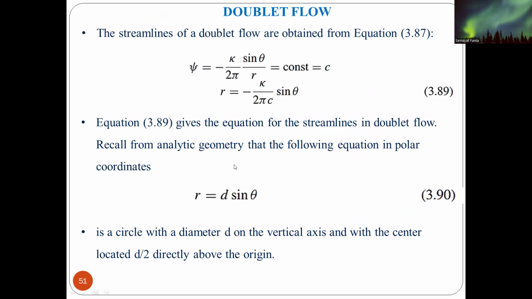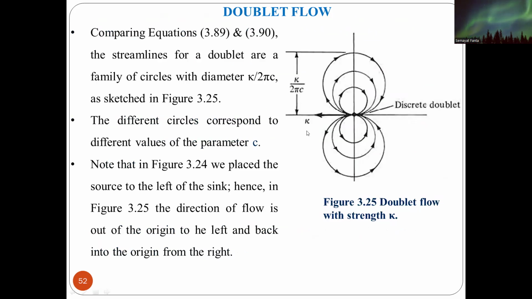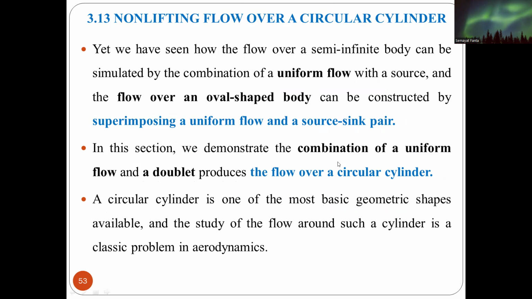Here the doublet is pointing outward, because the flow at the top is in the clockwise direction, and at the bottom it is in the counterclockwise direction. So the flow is like this. So this is doublet flow.